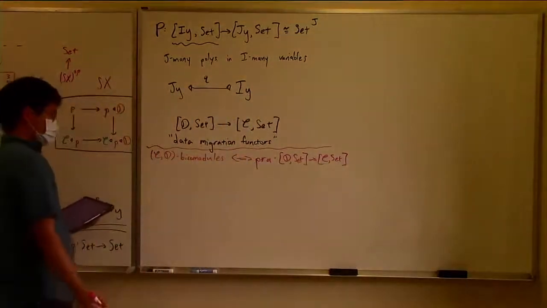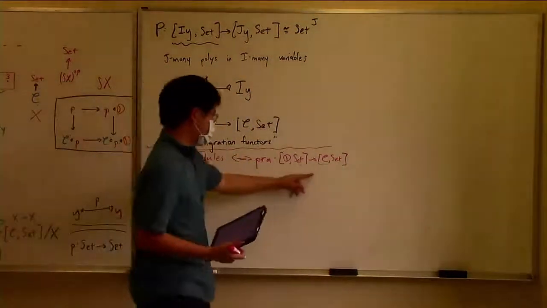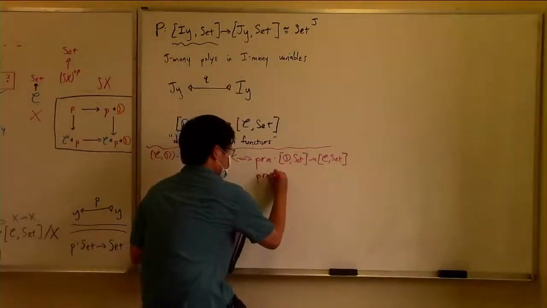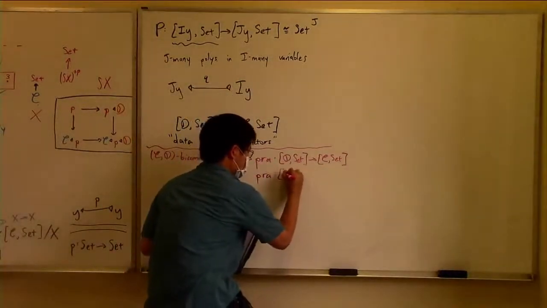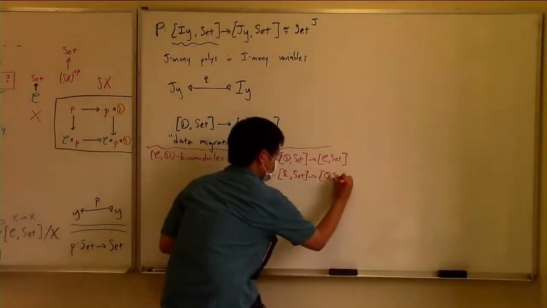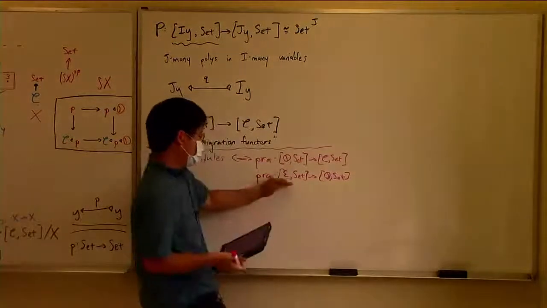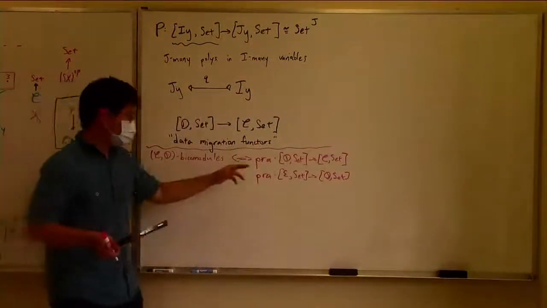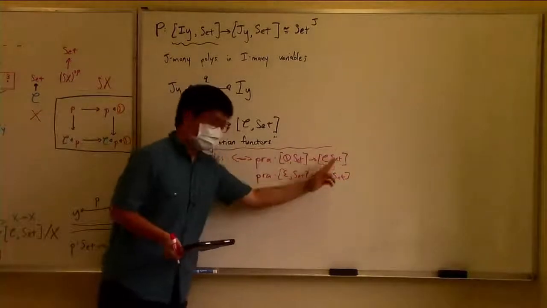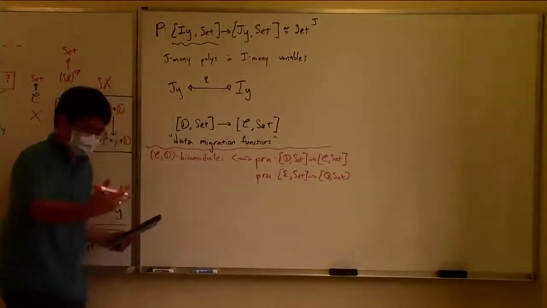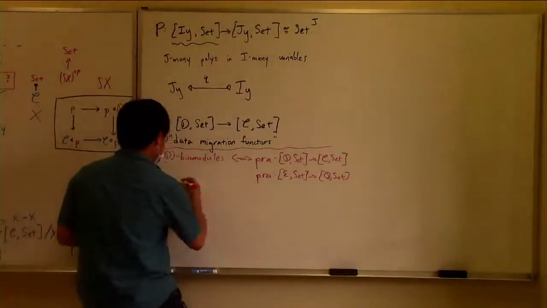Now, the thing about these, though, is that you can compose them. Because if you had another PRA from E set to D set, you could compose this one with this one, and it turns out that the composite of two PRAs is still going to be a PRA, because it's still going to preserve connected limits.